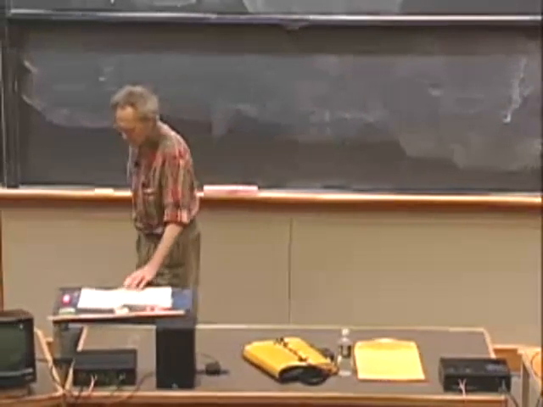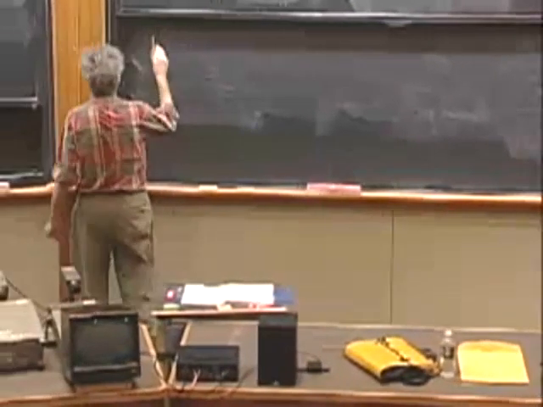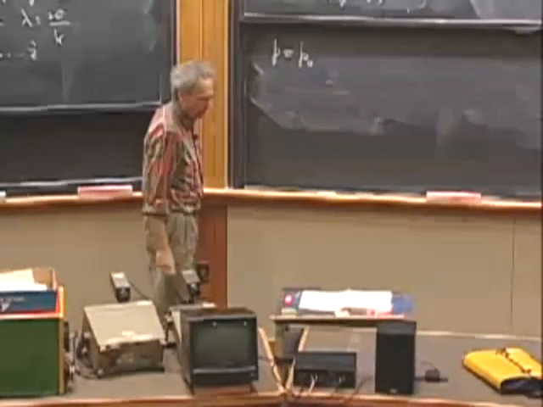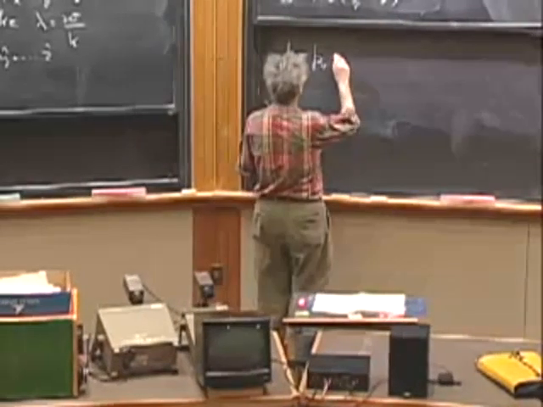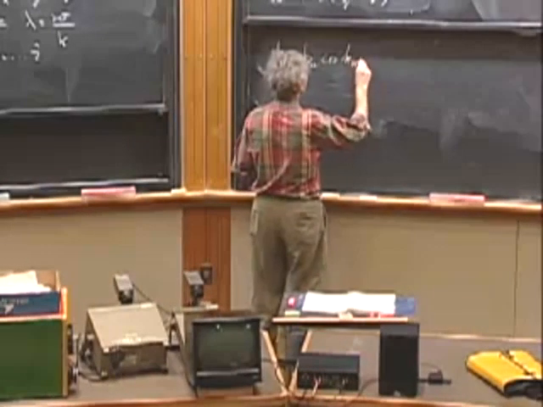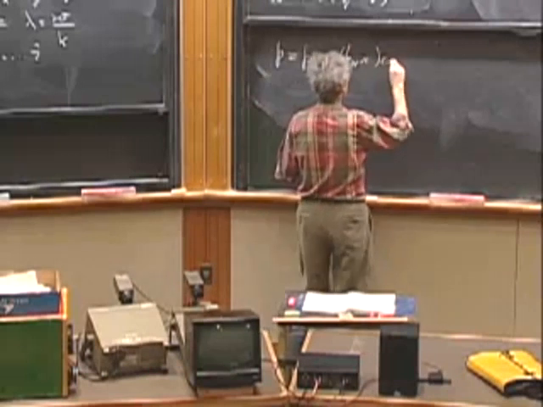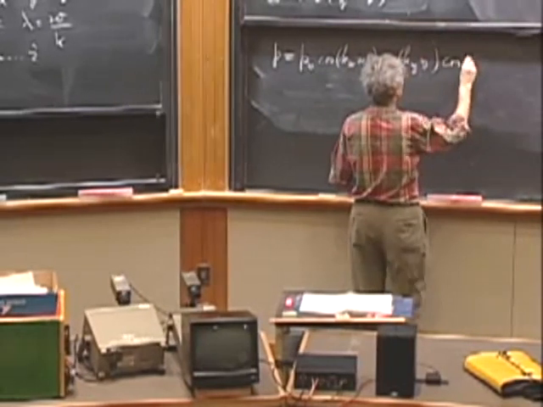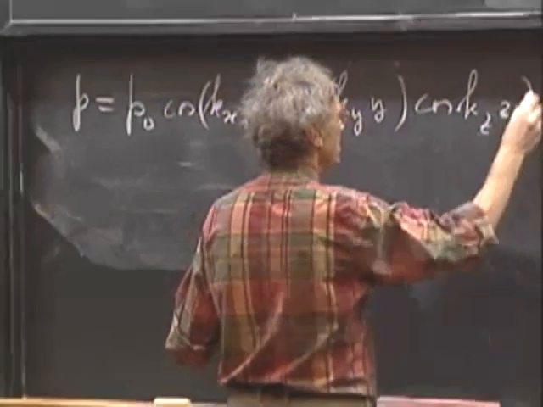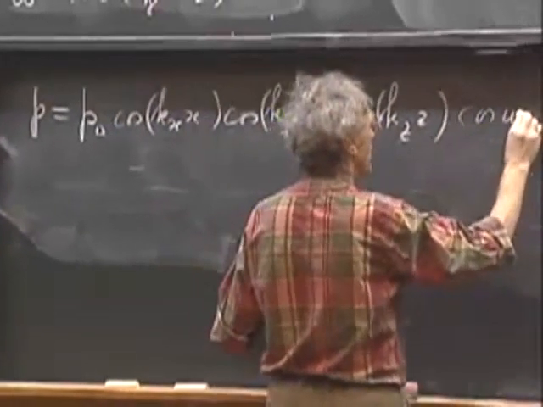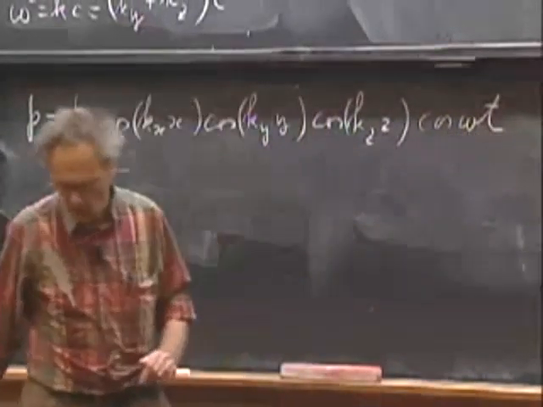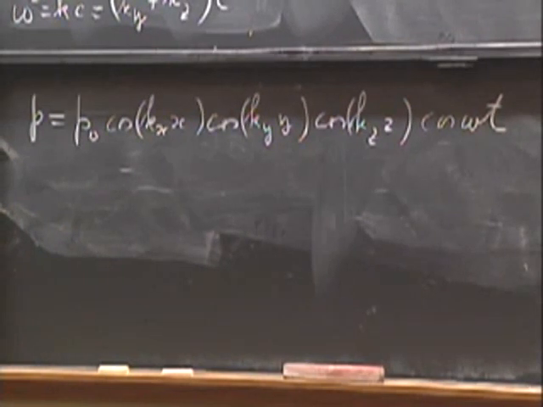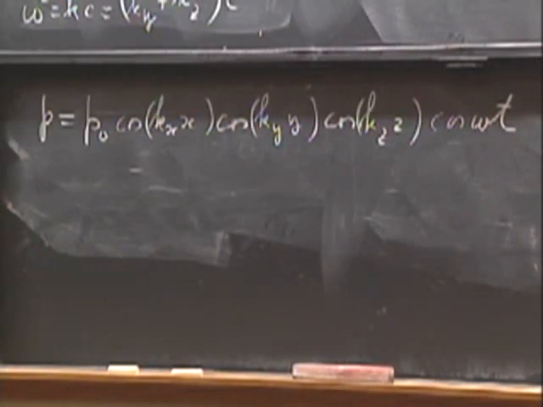And so this P, which is either a little bit above 1 atmosphere or a little bit below 1 atmosphere, is some amplitude, P0, and then we get the cosine kx times x, times the cosine of ky times y, times the cosine of kz times z, and then the whole thing times cosine omega t, which is the frequency of my sound source.